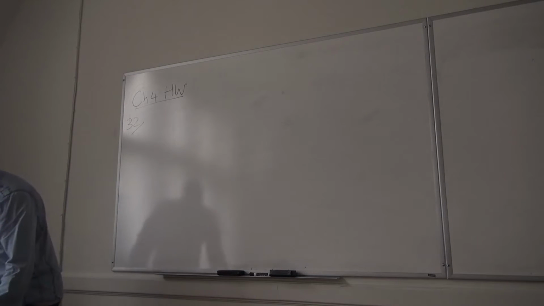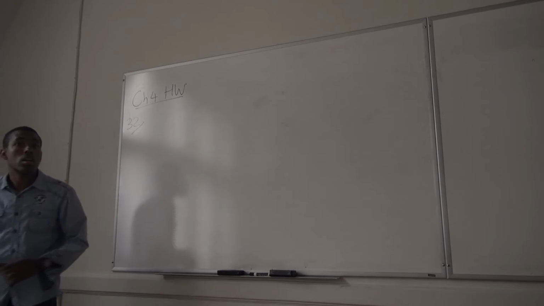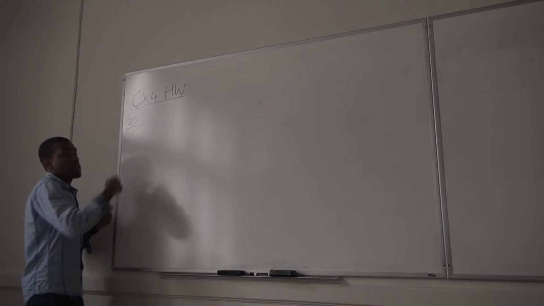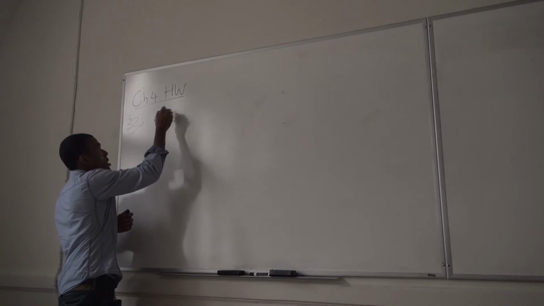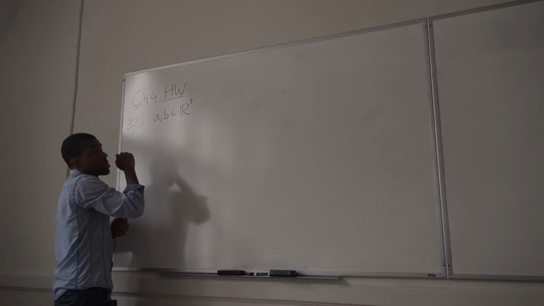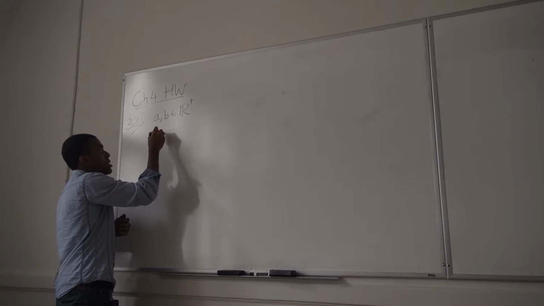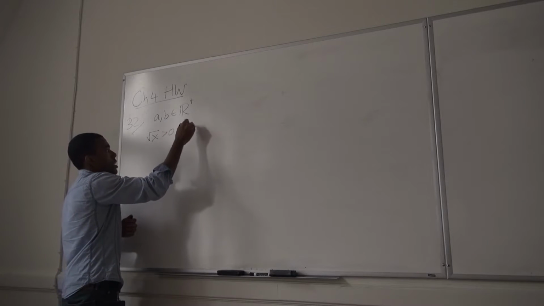It's the one where the square root of ab is less than or equal to a plus b over 2, assuming a and b are positive reals. Given that the square root of a positive real is always a positive real, the square root of x is positive if x is positive.